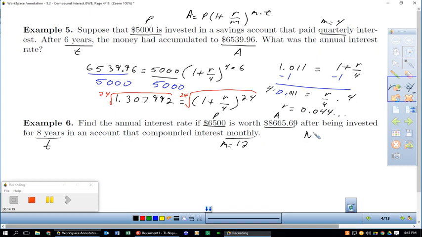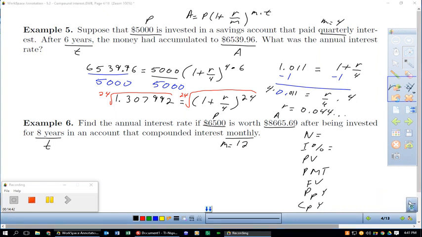You have N, you have I, percent. Okay, and it actually wants you to put in there the percent. You have present value, PV, payment, PMT, which is useful in annuities, future value, FV, and then you have PPY, payments per year, and compounding periods per year.